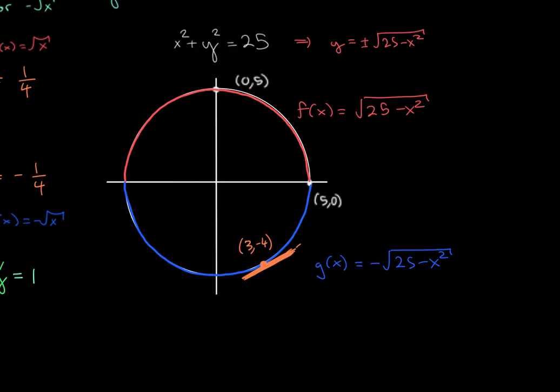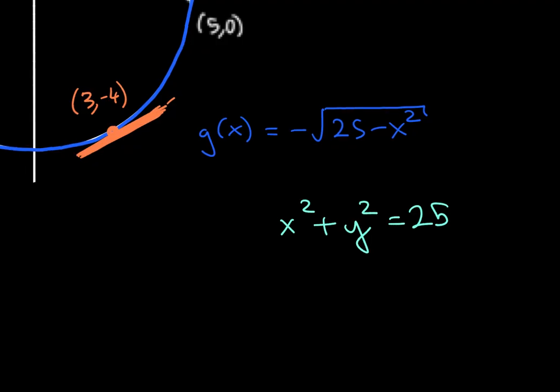All I would have to do is grab my curve, my implicit equation, and take the derivative on both sides with respect to x. Taking the derivative with respect to x, I get 2x plus 2y times y prime. Why?